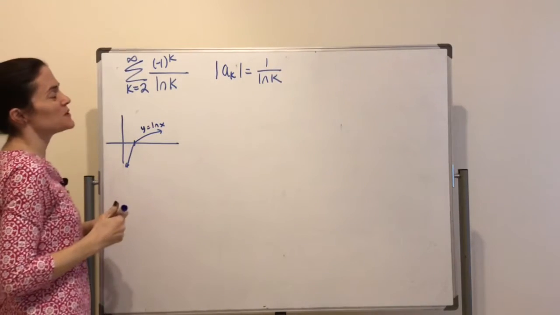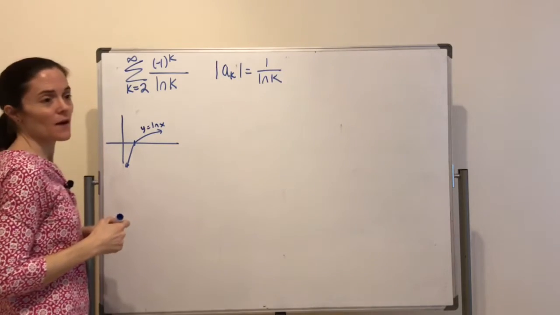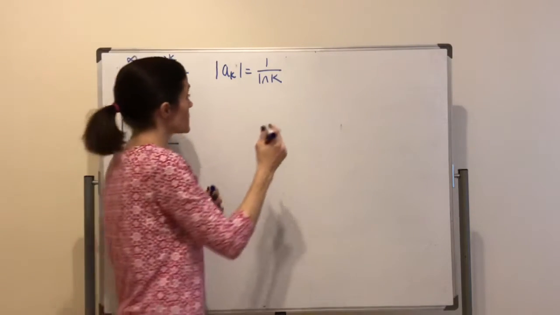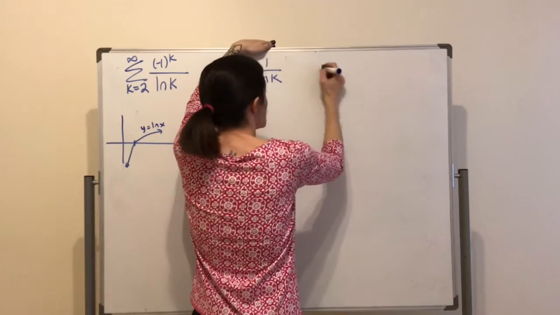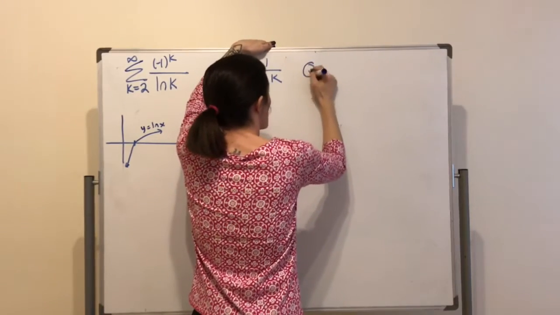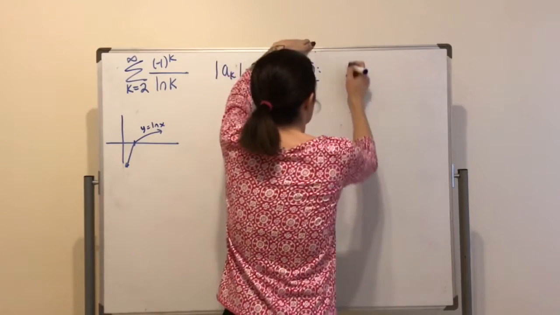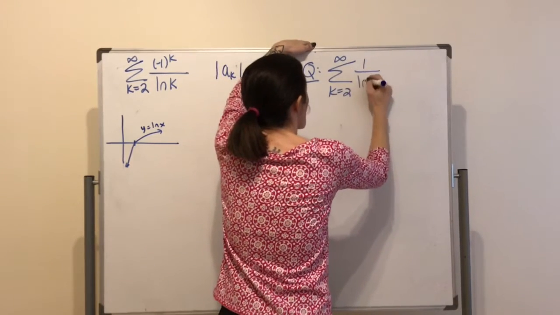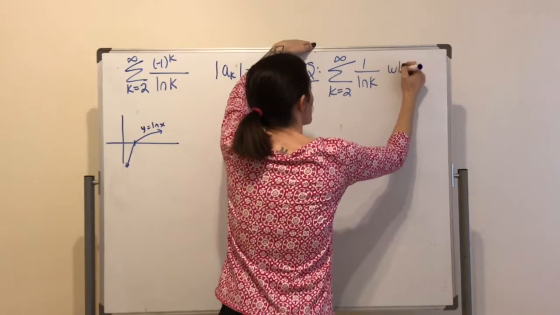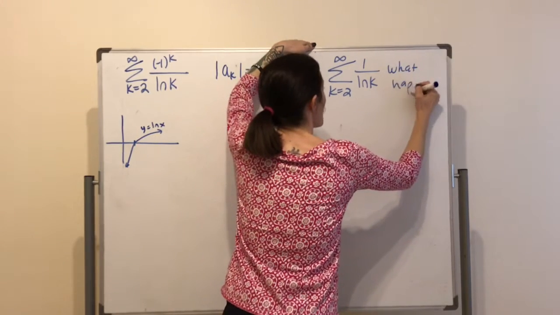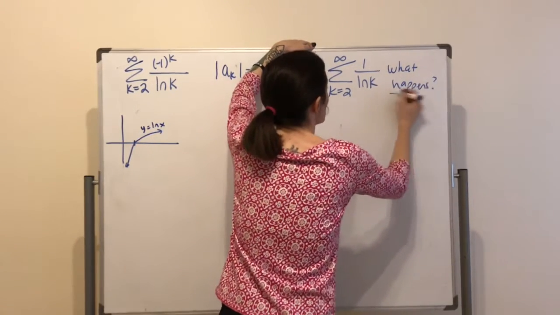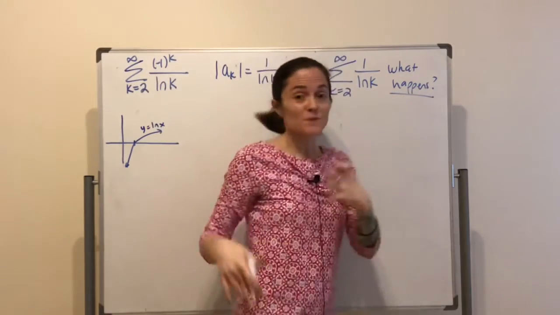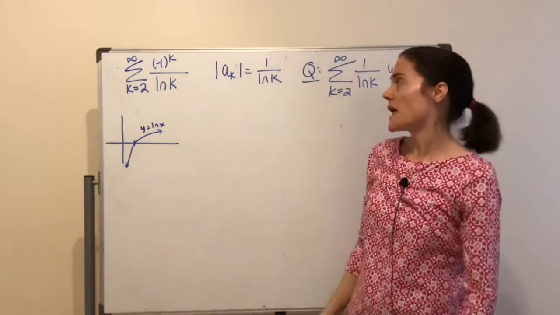Now what am I going to do here? How am I going to figure out whether this converges? The sum from k equals 2 to infinity of 1 over ln k. The terms are going to 0, and so I can't use the term test.